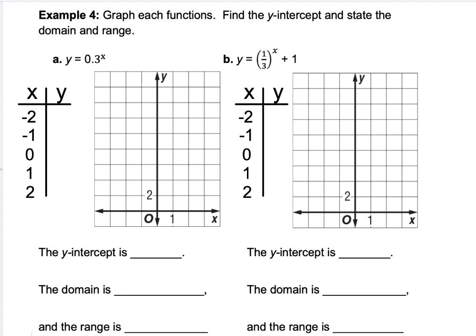So here I want to do 0.3 to the x power. So I do 0.3 to the negative 2 power. Oh, sorry, I mistyped it there. And I get 11.11.